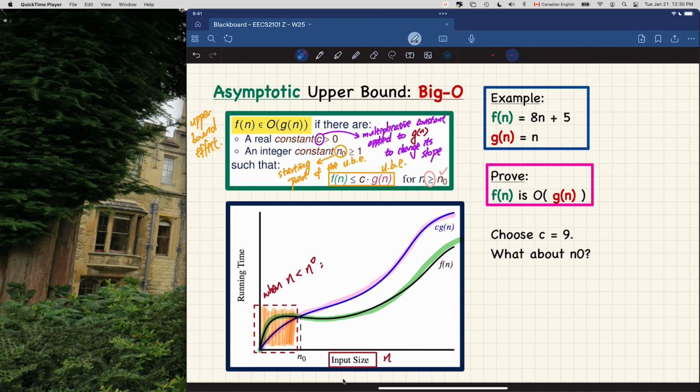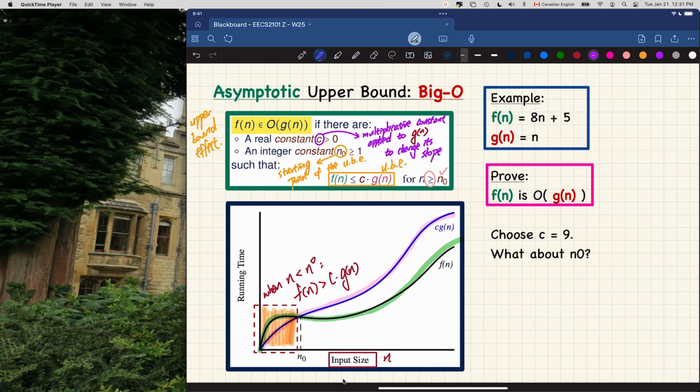You can see when n is strictly less than n0, f of n is actually not upper bounded by the manipulated version. If it was, the function should be up here, but it was not. I'll write it down. The f of n is actually strictly larger than c times g of n.